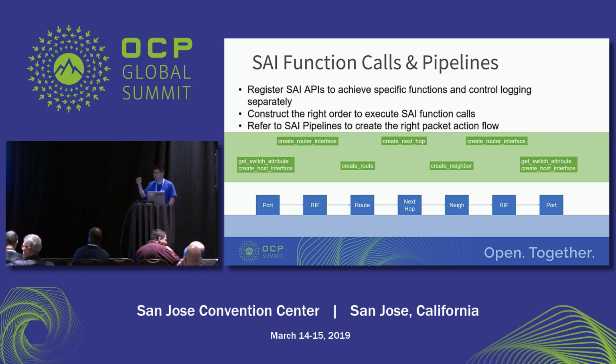Each stage represents a SAI object, and we define those APIs to create a corresponding object in each stage, so we can define how the packet is processed in the pipeline.